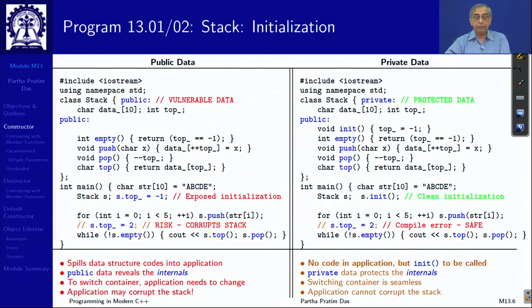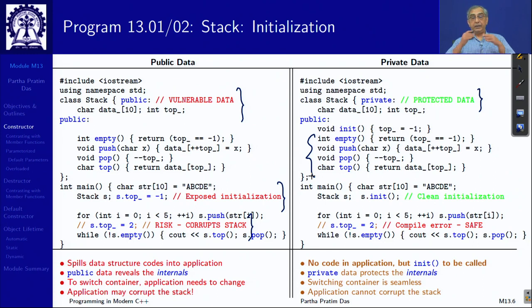This is what we had seen, that this is what we should not be doing, and the exposed initialization, the risk, we have seen all of that. So, we are in this style of information hidden design, where the data members are in private and only the member functions which the interface needs are in public.